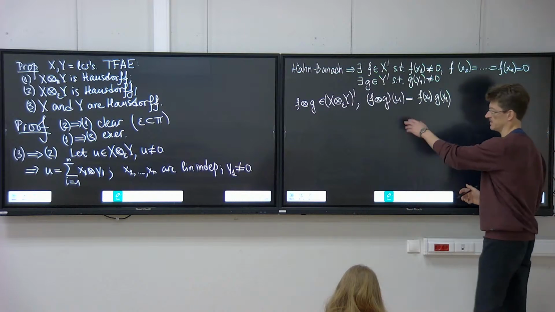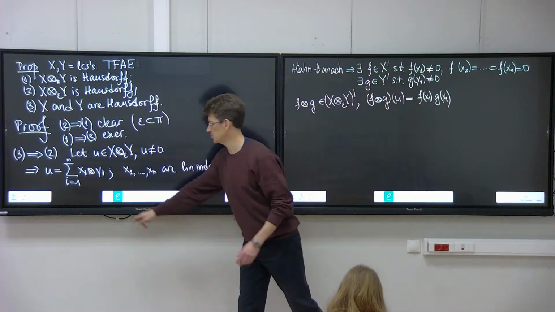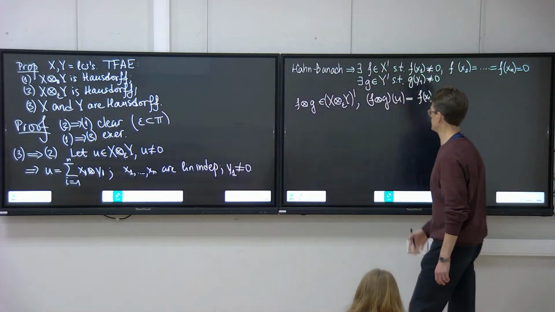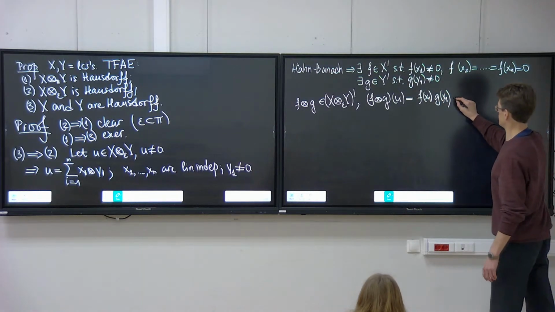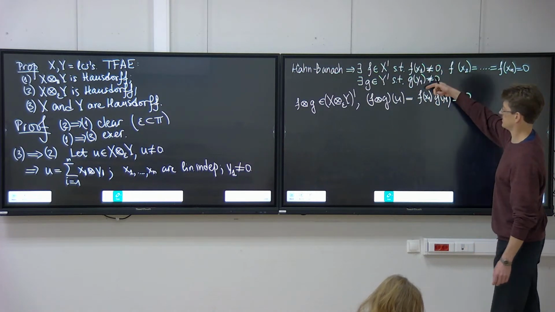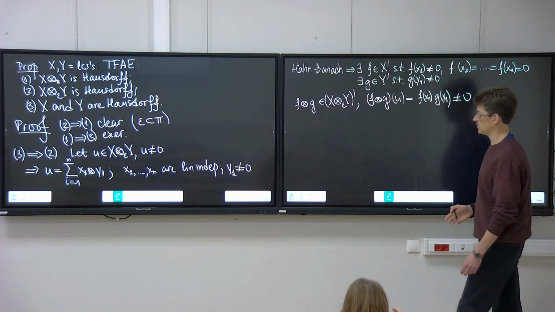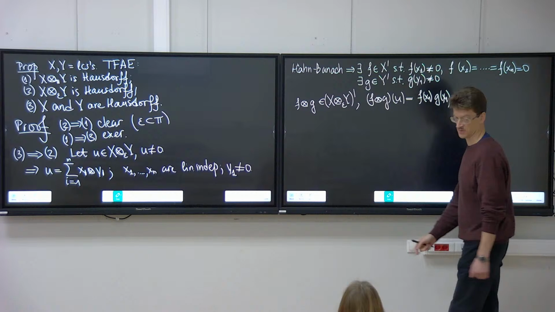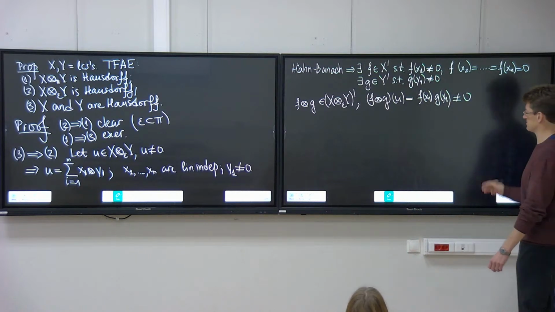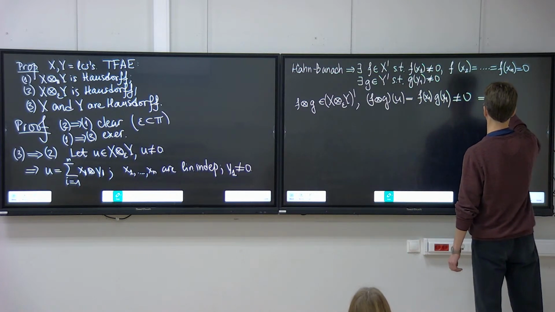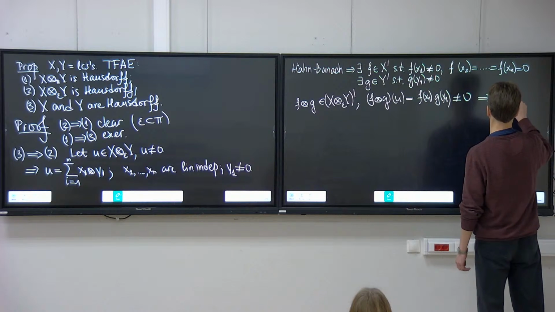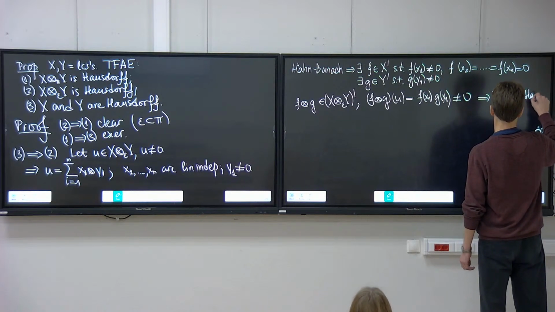So this functional kills all summands from 2 to n. And this is non-zero by construction. And we see that continuous linear functionals on the injective tensor product separate the points. So this implies that the space is Hausdorff. And this completes the proof.